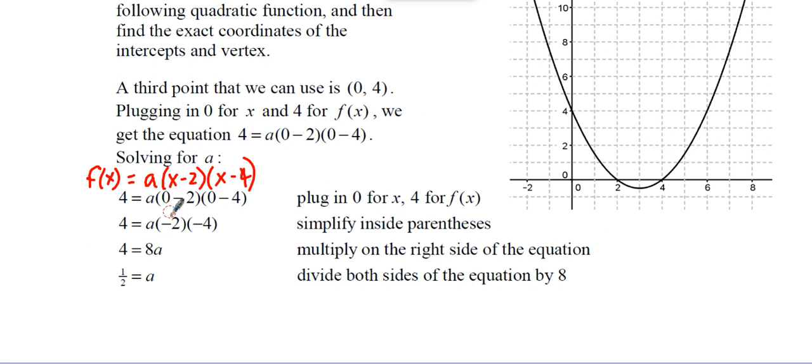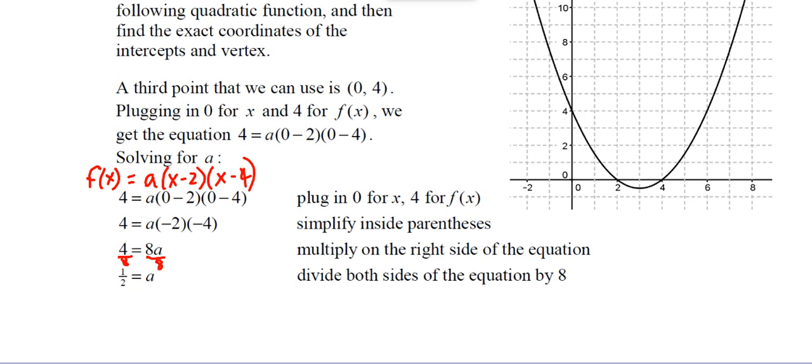And then I'll just solve this one. 0 minus 2 is negative 2. 0 minus 4 is negative 4. And then negative 2 times negative 4 is positive 8. And of course, I will divide 8 on both sides, because I want to isolate a, I want to leave a alone. So I'm going to get rid of the positive 8, and so dividing by 8 will give you a 1/2.